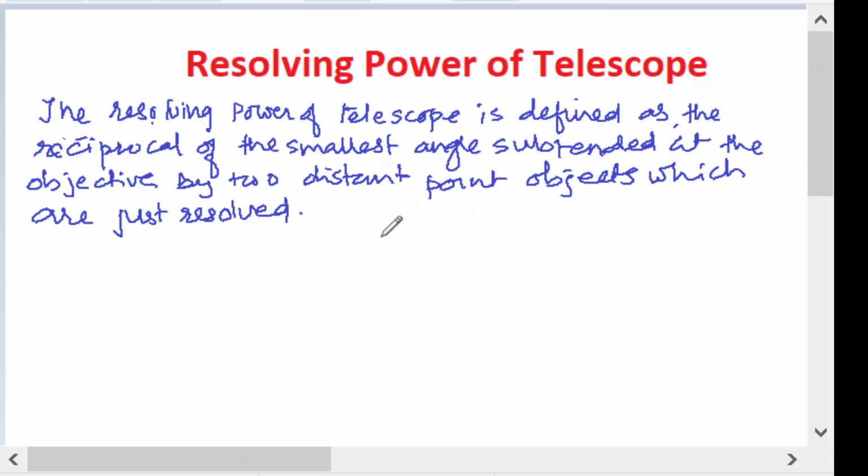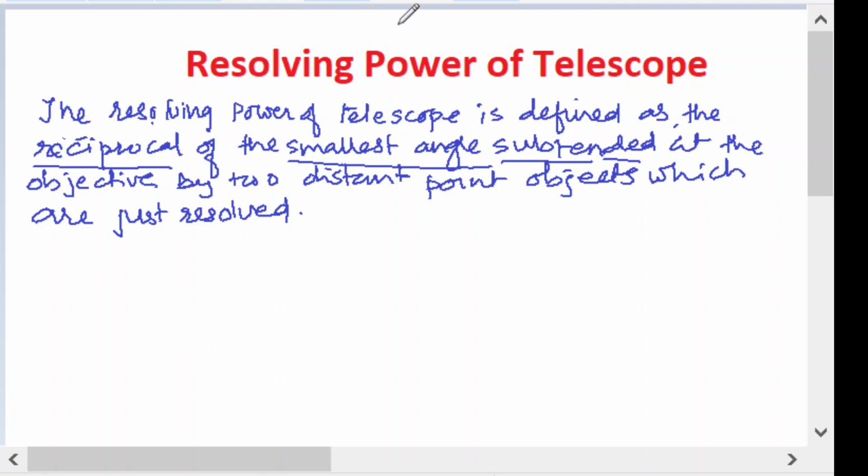So from the definition it is very clear that this is the reciprocal of the smallest angle subtended at the objective by the two distant point objects. So we are considering here not the linear distance but the angular distance.